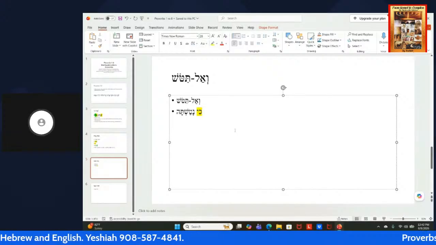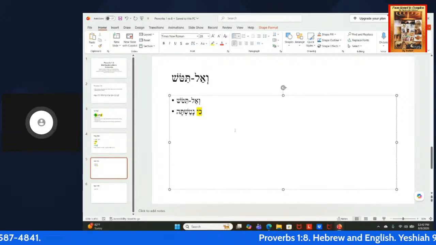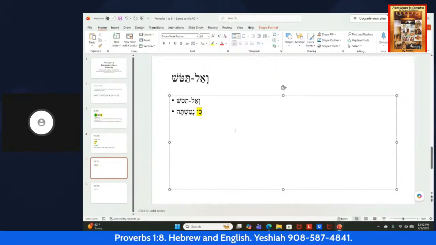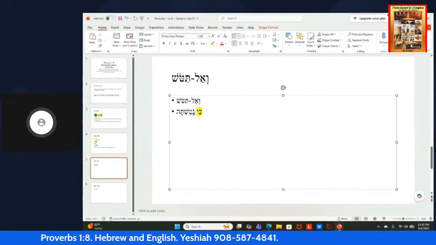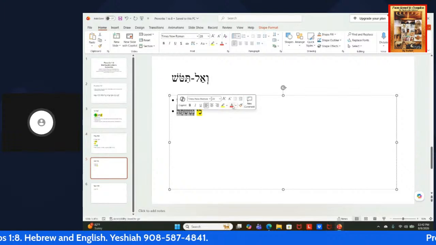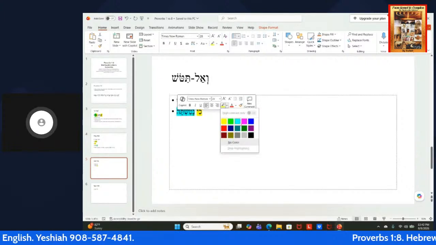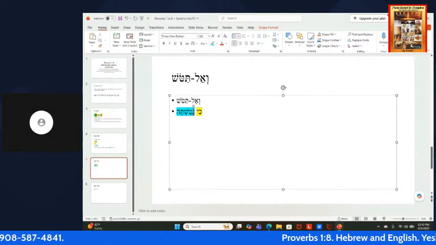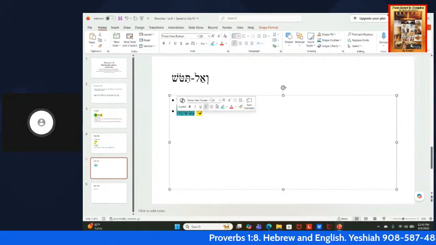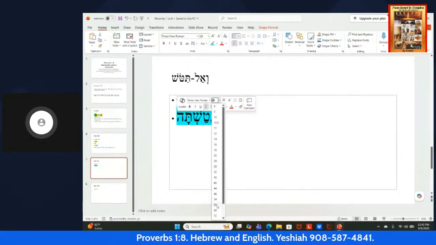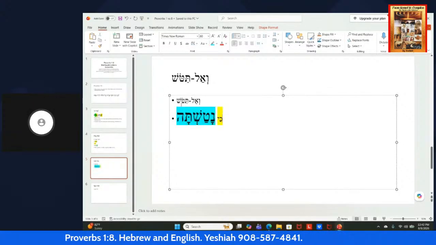As we went over last time, you can go to Mora Yeshaya Hebrew lessons and look up Ki Tetzeh and Ki Tabo, brothers and sisters, in that particular case. Then we have here, brothers and sisters, that we color in the blue. What do we see? And let's enlarge, brothers and sisters, this word here. So this is the root, brothers and sisters, of Titosh.